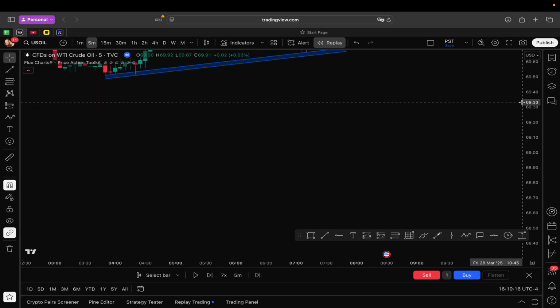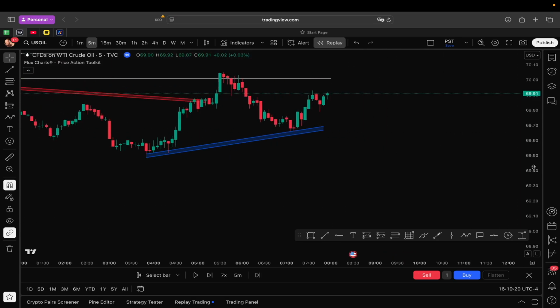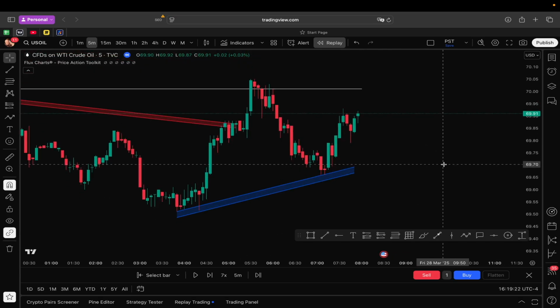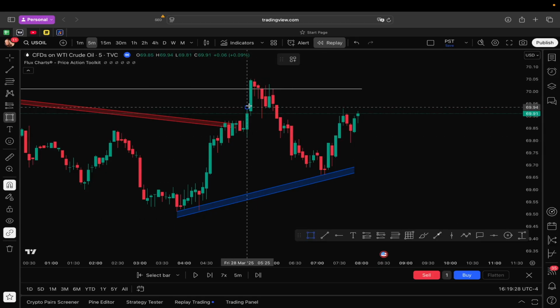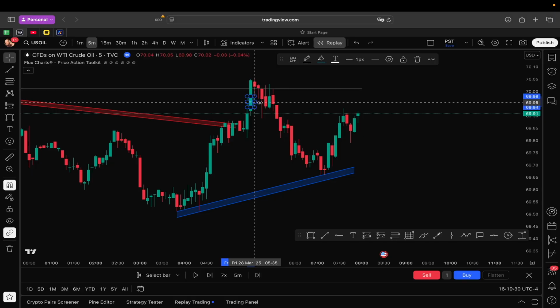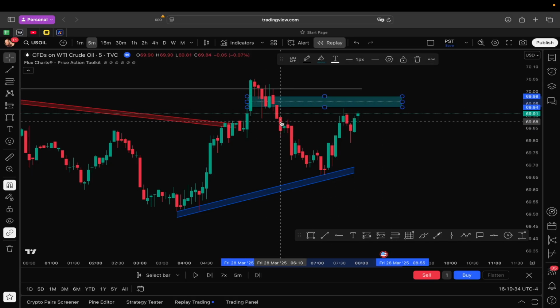So if we go down to the lower time frames, you can clearly see we had a market structure shift right over here. We had a nice fair value gap that became an inverse fair value gap. Could have entered your first trade right over here.